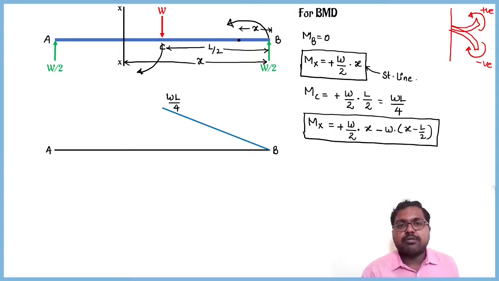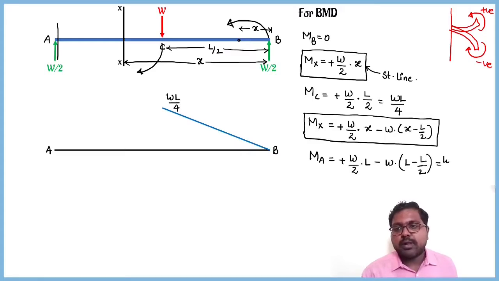With this I am going to check whether the bending moment at A is 0 or not. So I am taking MA, that will be equal to plus W by 2 into X. If I take the section at A, the X length will become L. So X will be equal to L, minus W into L minus L by 2, which will be equal to WL by 2 minus WL by 2, that is equal to 0.